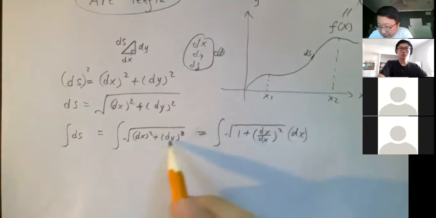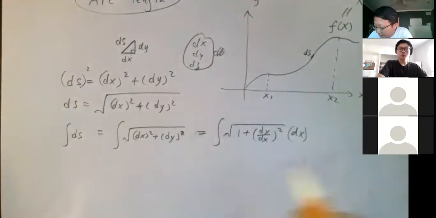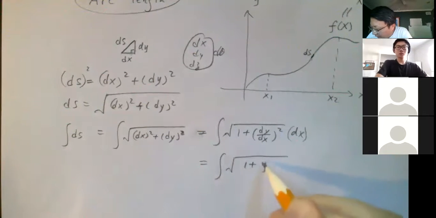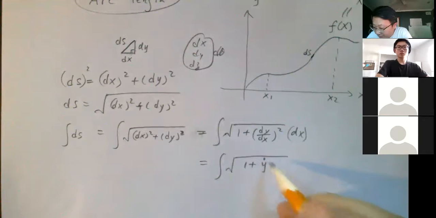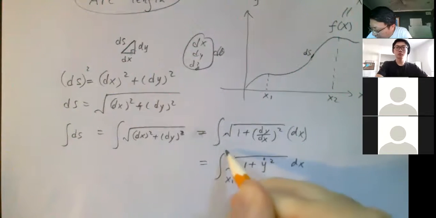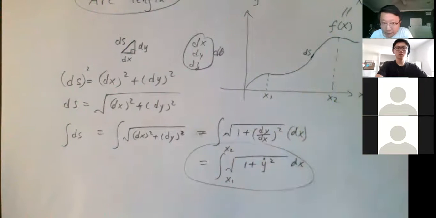Then of course dividing by dx squared at the bottom. So this becomes the integral from x1 to x2 of the square root of 1 plus y derivative squared dx. So this basically gives you the whole length, correct? This length, this s equals.